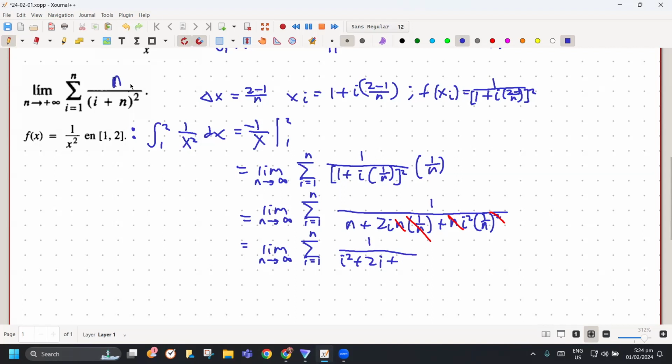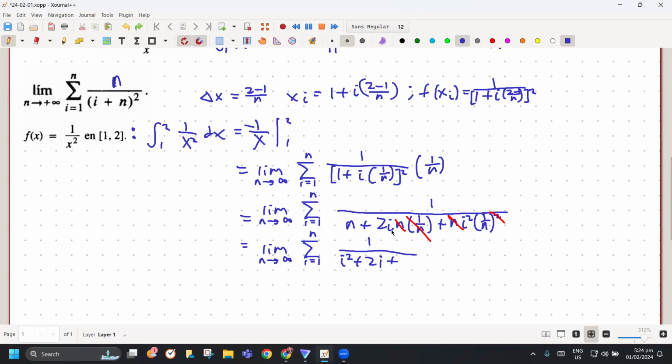Yun nga pala. May n pala dito. So, n. Okay, so may n doon. Tapos n din to. Yes, pareho to. This is correct. This is also correct. This is also correct. So, dito, 1 pa rin. Yes. Ito rin.